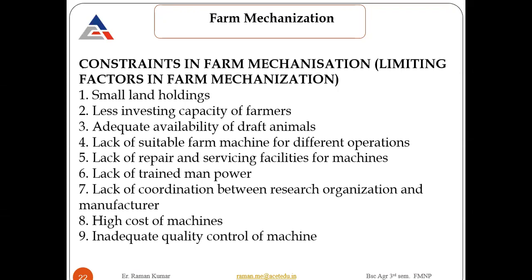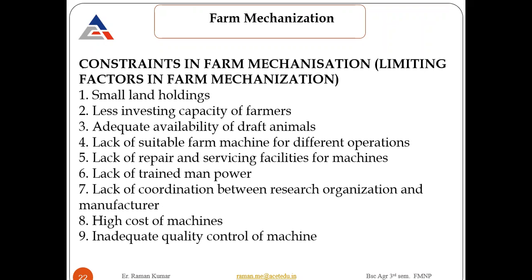Lack of repair and service facility for machines. If your farm is far from the repair and service center, then it will also be a constraint for farm mechanization. Okay, lack of trained manpower, because the manpower which is available is sometimes not trained.